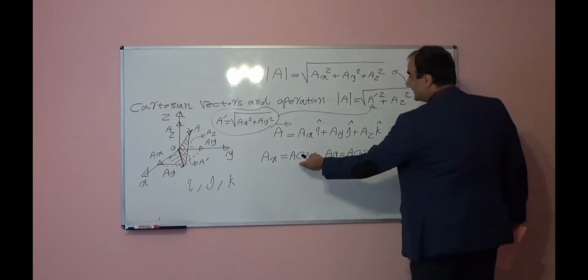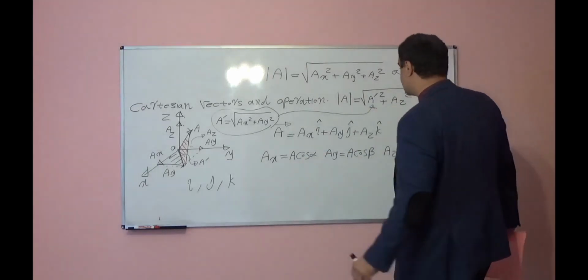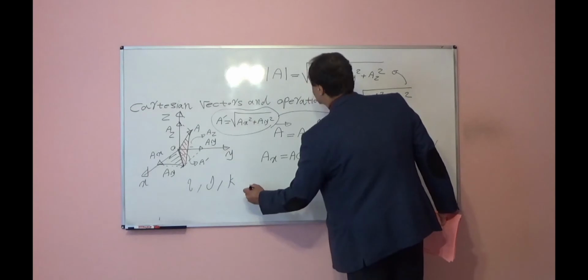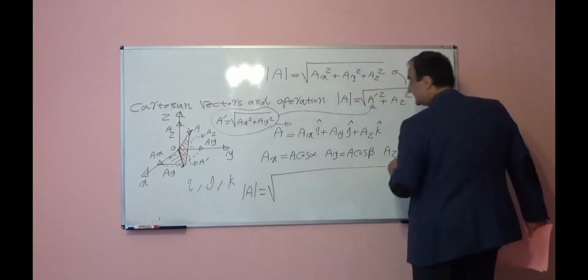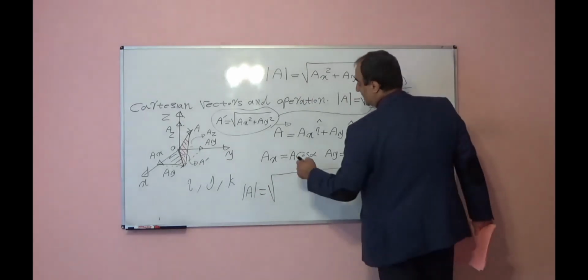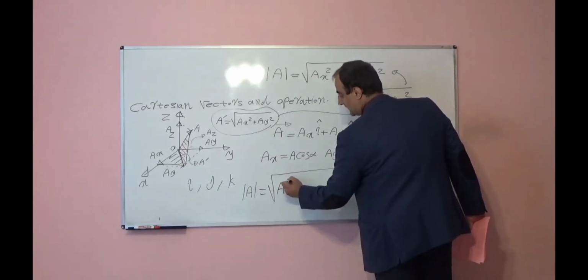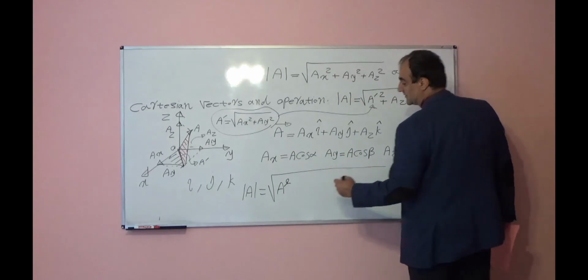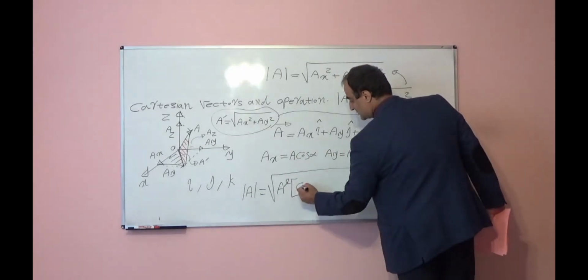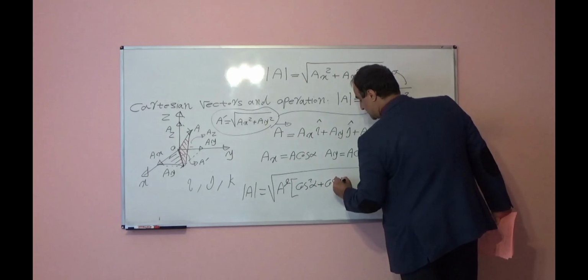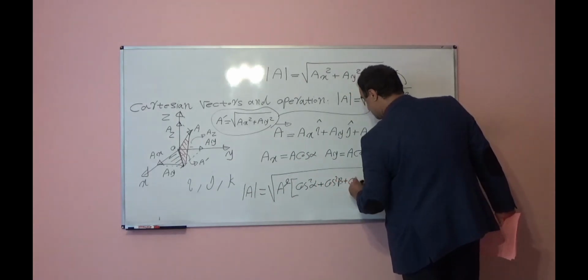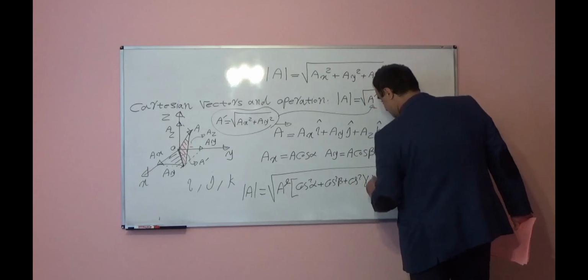If we plug these here, what will we get? We will get the vector A length is equal to the square root of, I should factor out A squared, cosine squared alpha plus cosine squared beta plus cosine squared gamma.